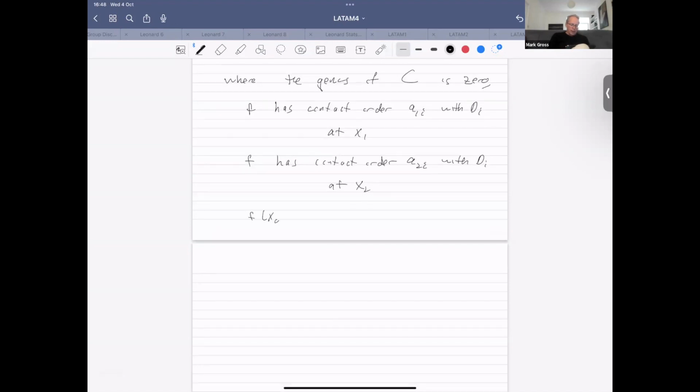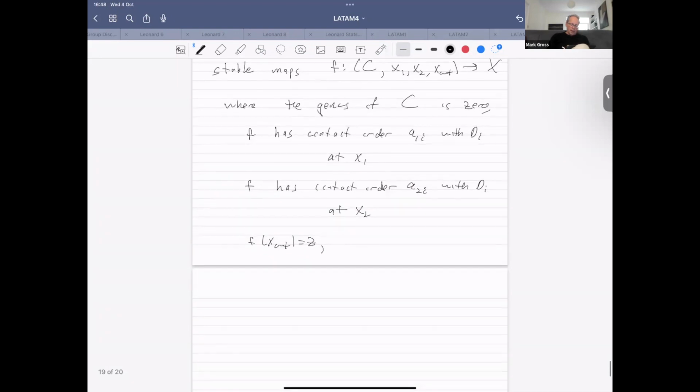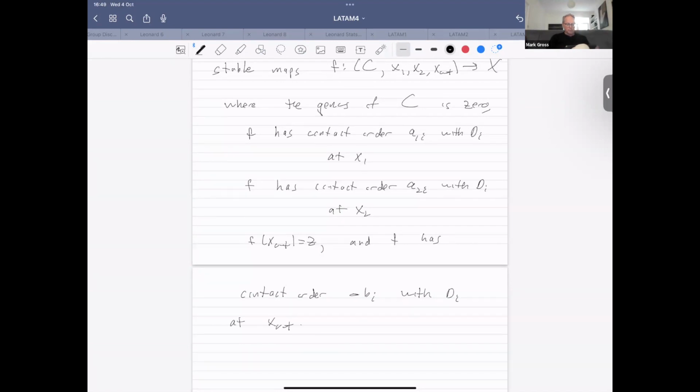Finally, f of x out is constrained to be equal to z. So the output point x out maps through to z. And f has contact order minus bi with Di at x out.